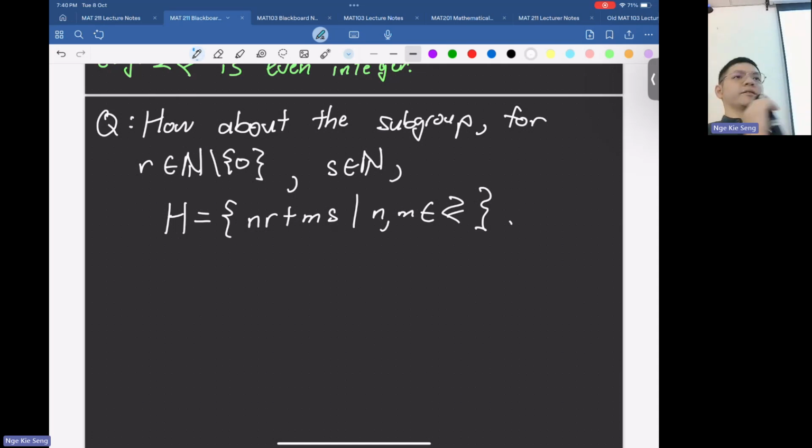How do we build 0 here? Remind you, you need to be careful. Here is not angle bracket, so it's not by definition there. This is just defined as a set. But I claim that this is a subgroup. So you need to tell me how you generate 0 using this set definition.